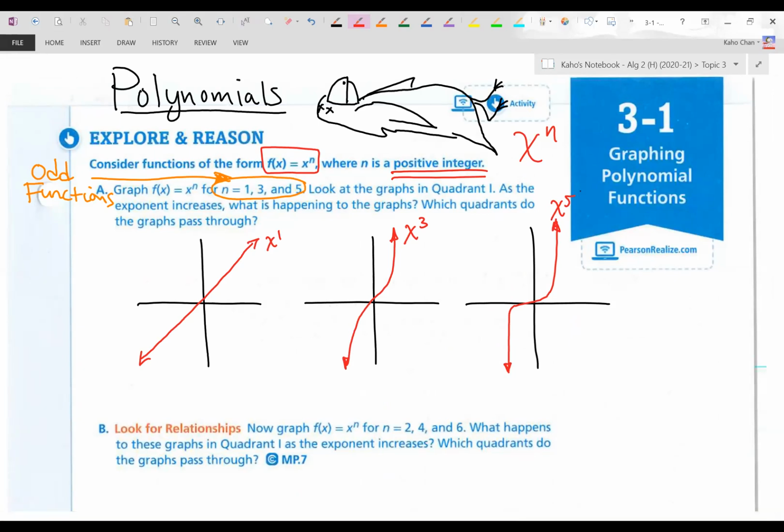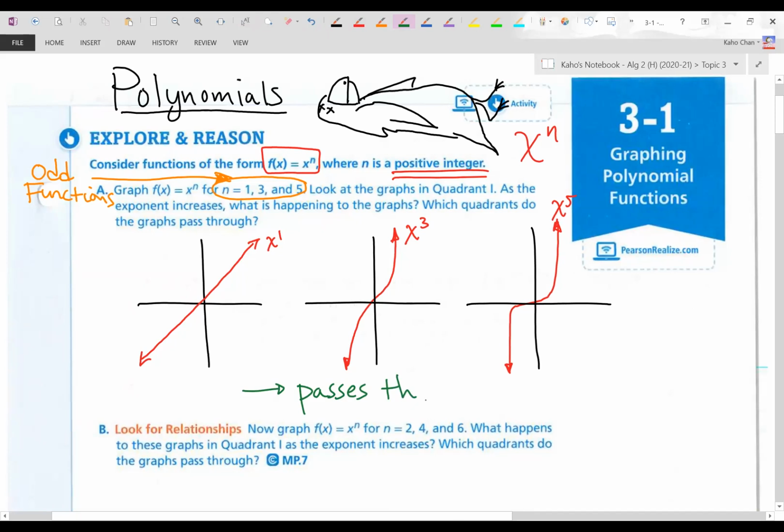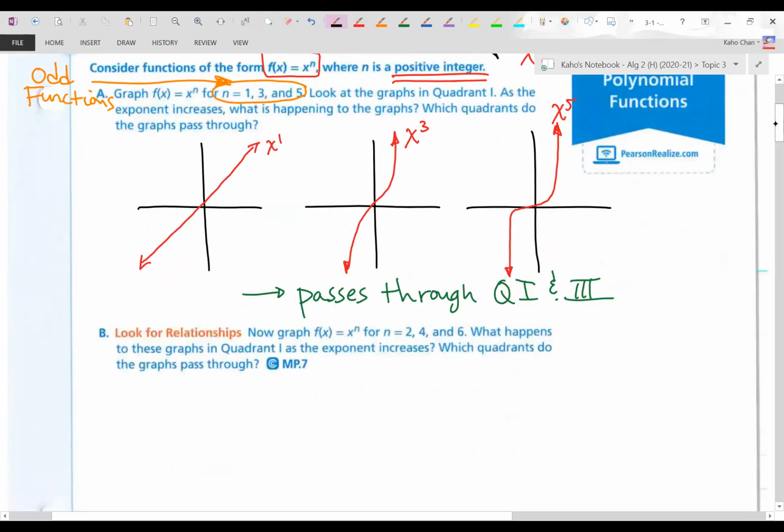Notice all three of these functions occupy quadrant 1 and quadrant 3. Interesting. They all act like this, whether it's x to the 7th, to the 9th, they all look kind of like that. Those are odd functions.